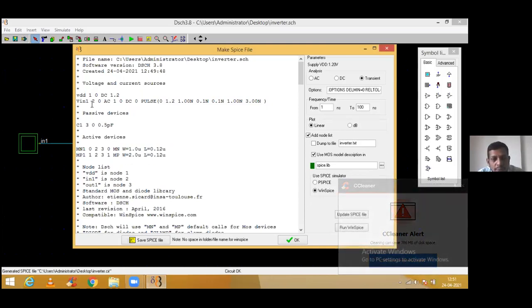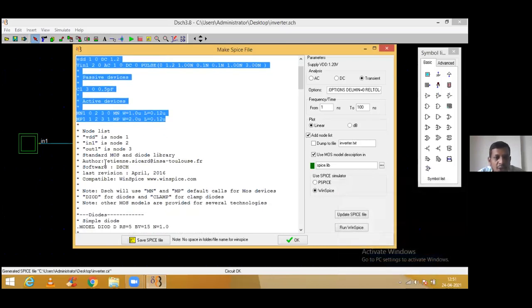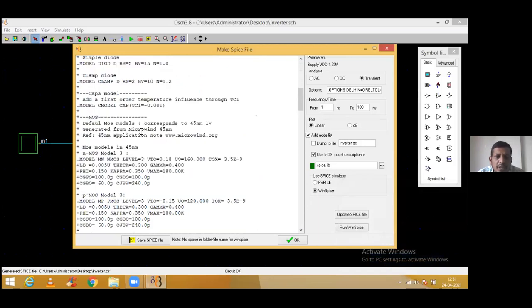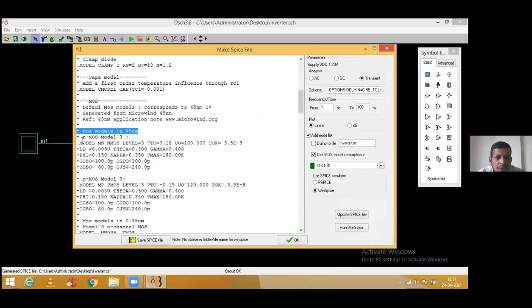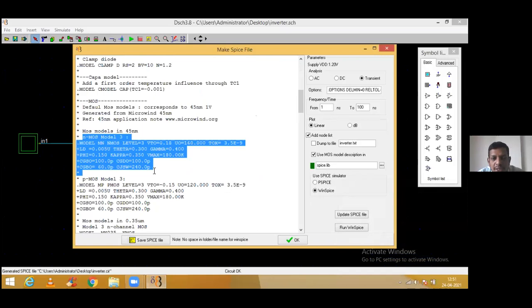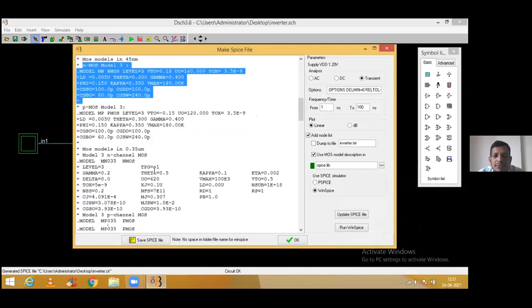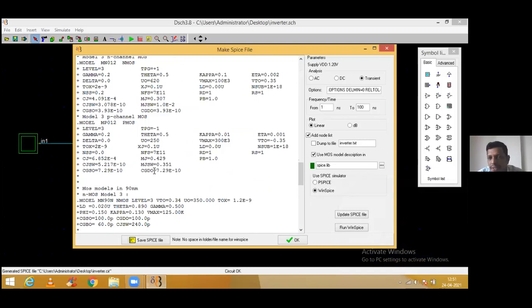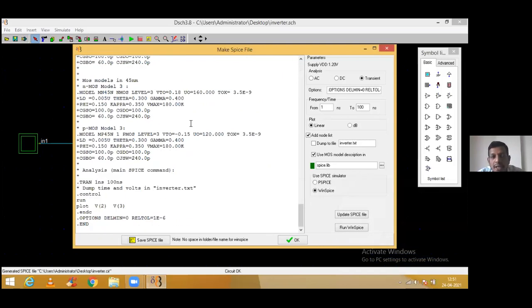Only up to this point do we need. The rest are node-based symbol libraries. If I'm working on 45 nanometer technology, these are the associated symbol libraries. All that stuff is about the software options. I hope everybody is understanding. And until you click inside this SPICE netlist, you can't save it. That is point number 1 to remember.